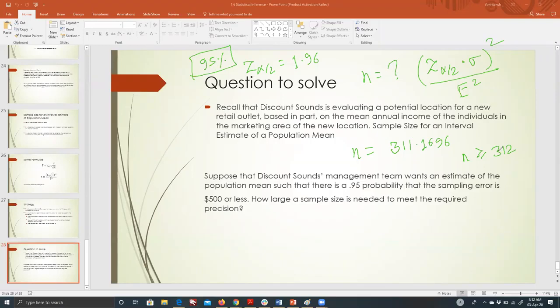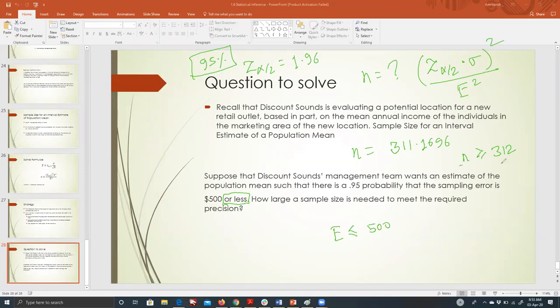Why greater than? Because it's already greater than 311, so we can't consider 311. Or the reason is this: you are not dealing with just 500. Basically, your error should be less than or equal to $500. So you were trying to solve for equality. That's a good thing, but there is an inequality as well here in the equation, because it could be less than 500, right?